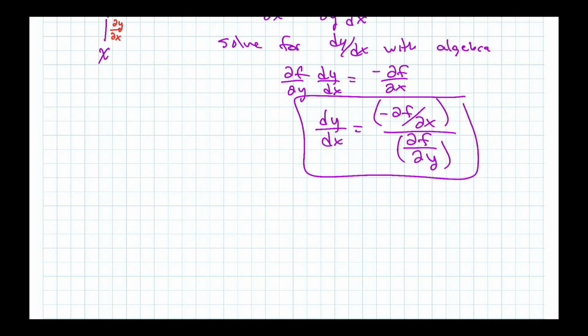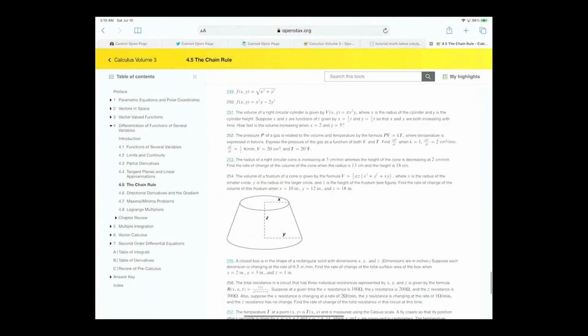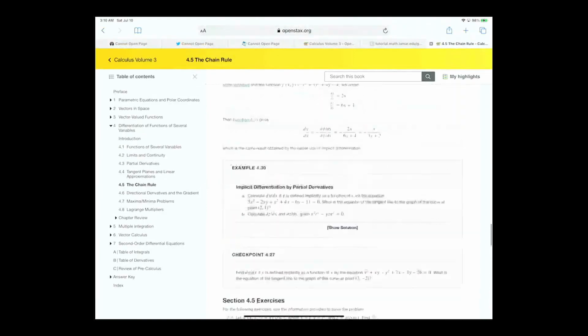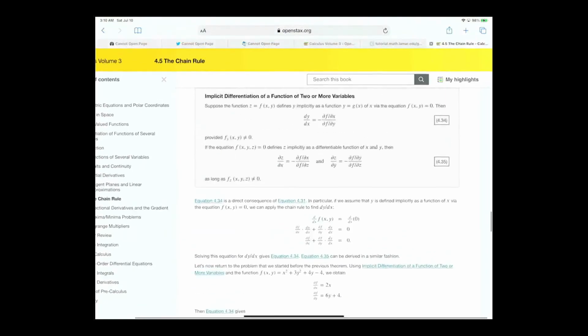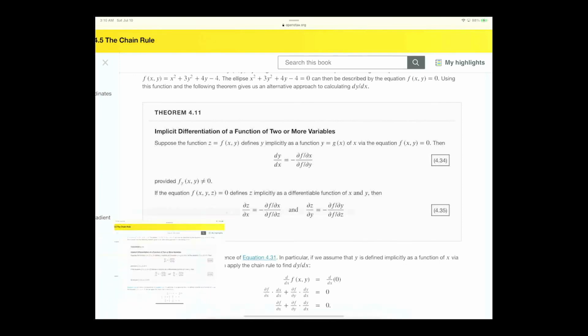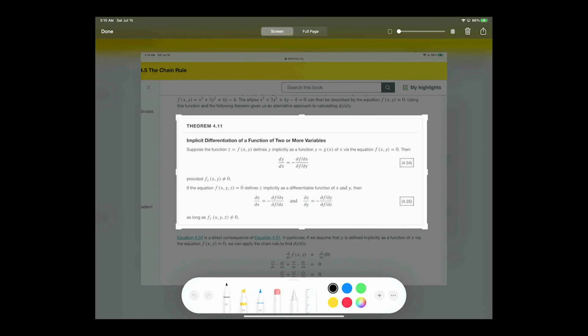So then they got this theorem, which actually, maybe I'm going to be so lazy, I'm just going to copy paste this thing rather than writing it out. Yep, that's what we're doing.